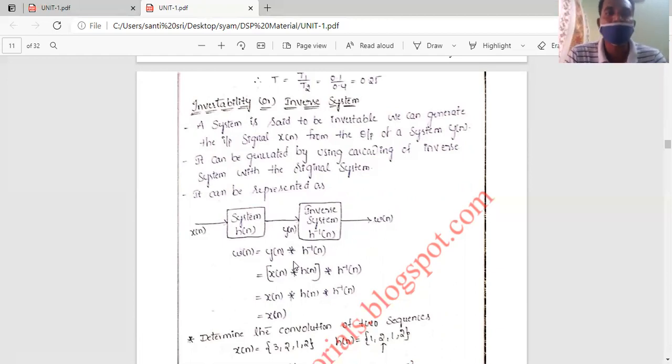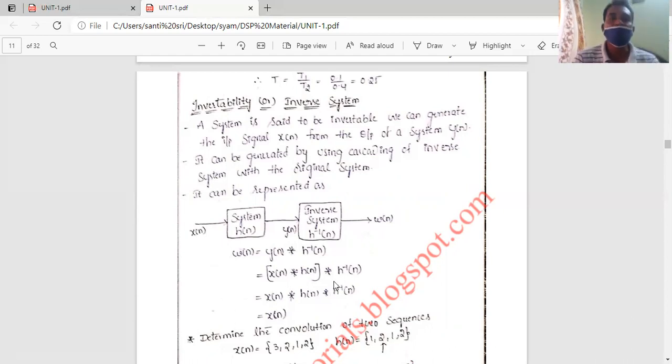Omega n can be represented as y of n, which is the input of the inverse system, convolved with h inverse of n. Similarly, y of n can be represented as x of n convolved with h of n. So omega n equals x of n convolved with h of n, whole convolved with h inverse of n.